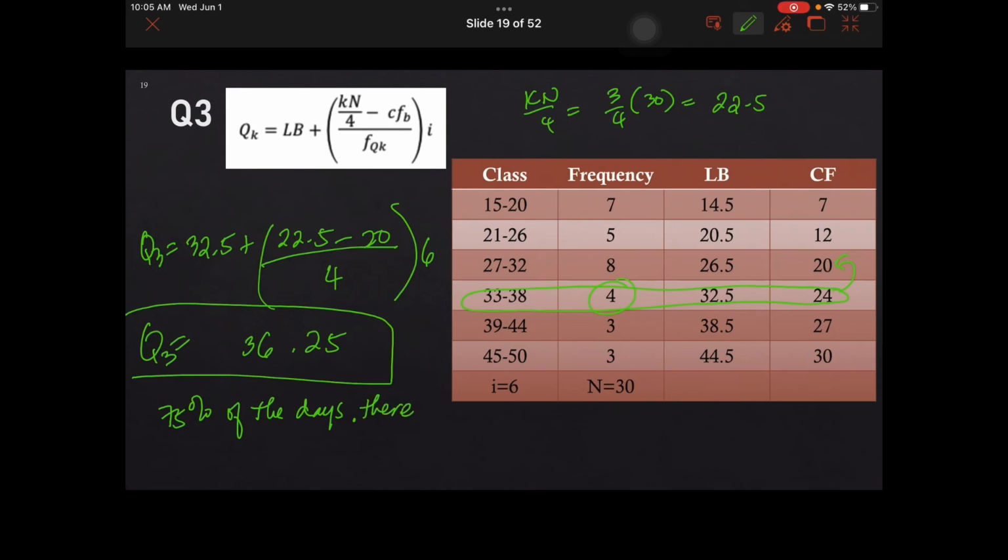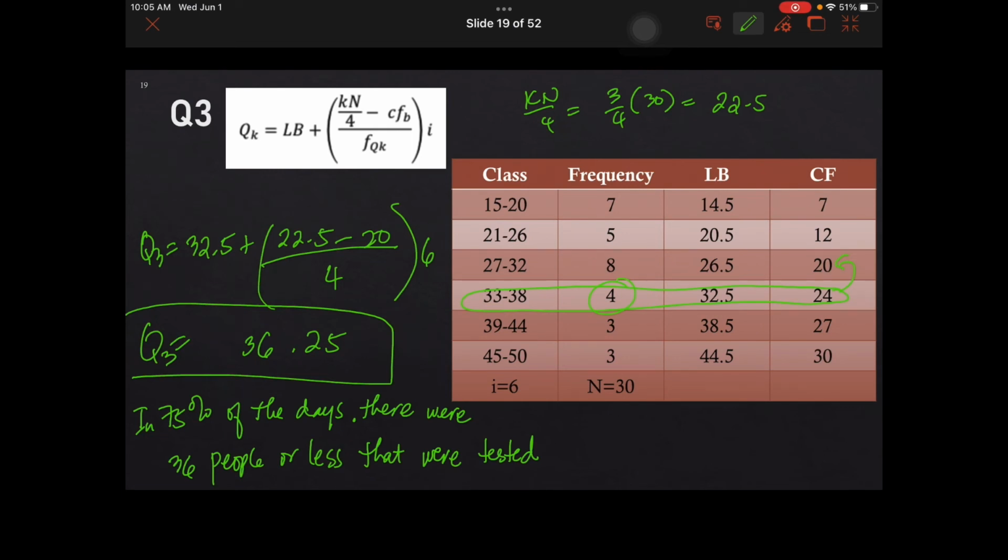In 75% of the days, there were 36 people or less that were tested. Okay? So, there are less than 36 people or less than na na-test tayo for COVID. Okay? 75% yan. Okay? Of our sample population.